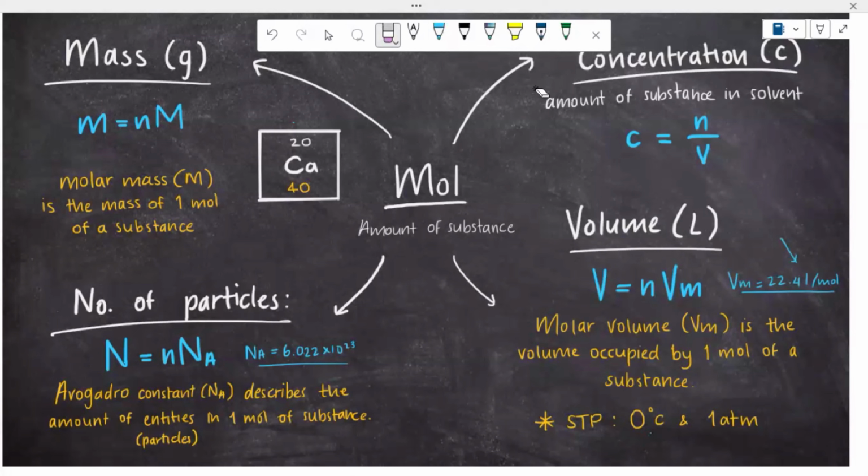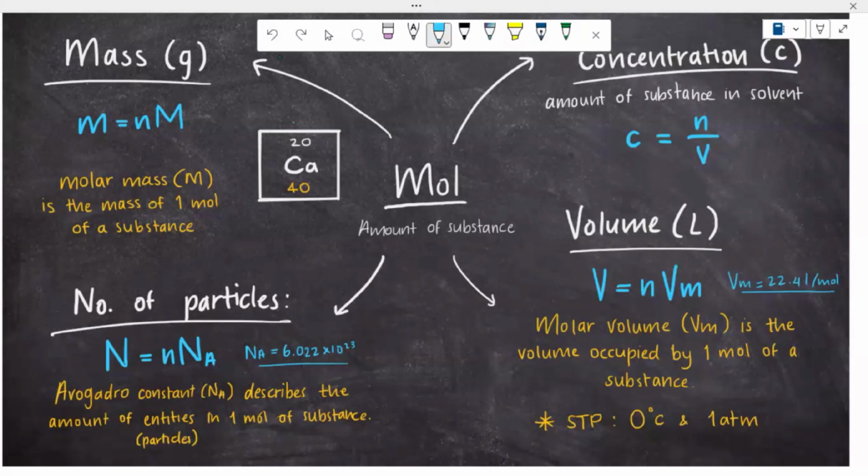Okay, and then you also have Avogadro's number, which helps you calculate the actual number of particles found within 1 mole of a substance, right? So when you're calculating the number of particles, you would multiply your moles by Avogadro's constant, which is 6.022, right?